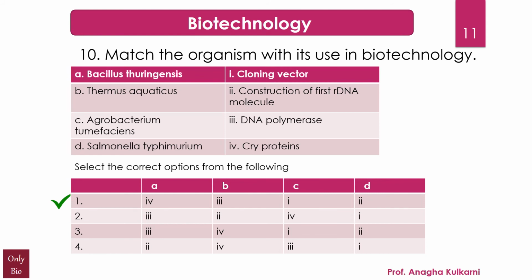Now, Bacillus thuringiensis, you know, it's a gram-positive soil-dwelling bacterium, and it's commonly used as a biological pesticide. It occurs naturally in the gut of the caterpillars of various types of moths and butterflies, as well as on the leaf surfaces.